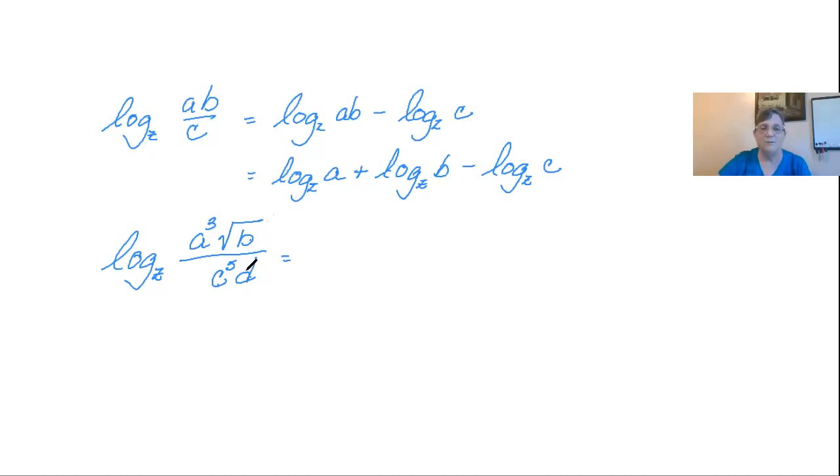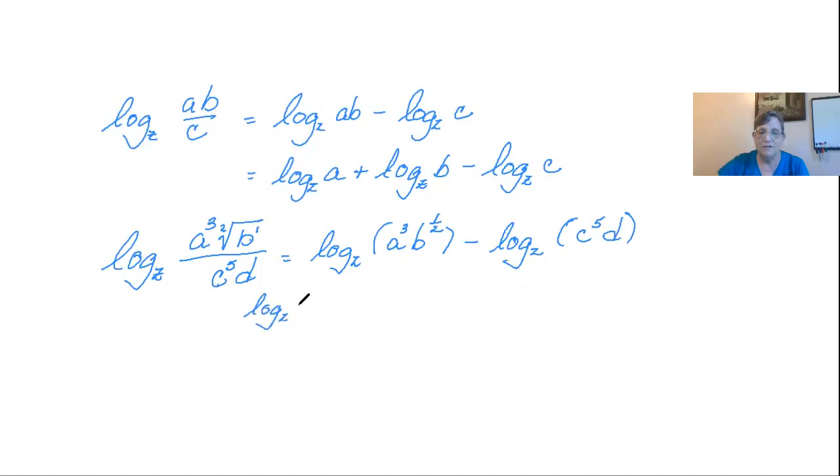So I can do this piece by piece to show you. This is going to be the log base z of a cubed, and I'm going to rewrite this as b raised to the 1/2. That's the exponent that's identical to the square root, because this is the square root of b raised to the 1st. So it's going to be minus the log base z of c to the 5th times d. These two I can add.